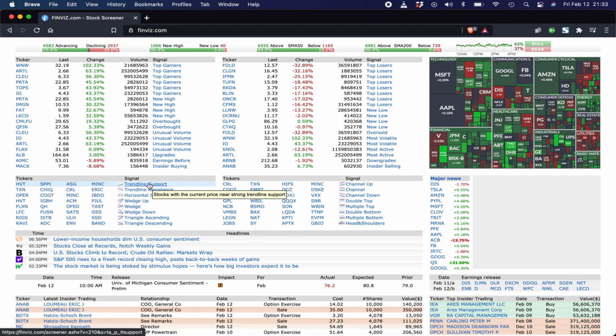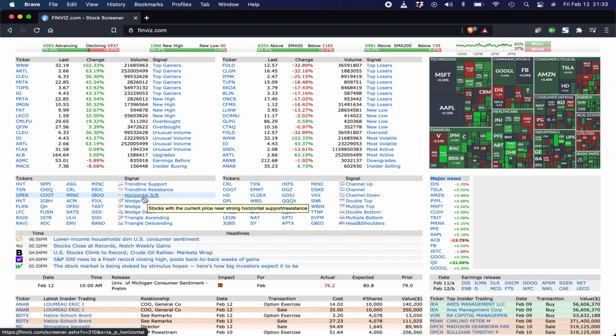You could go long on some of these stocks once you look at the full stock chart and understand what the trend is. Trend line resistance: these are the stocks with the current price near strong trend line resistance. Again, you can look at potential shorting opportunities, but you have to look at the full chart to get that picture in mind before you make decisions to trade.